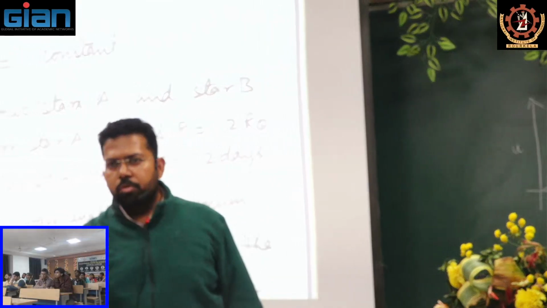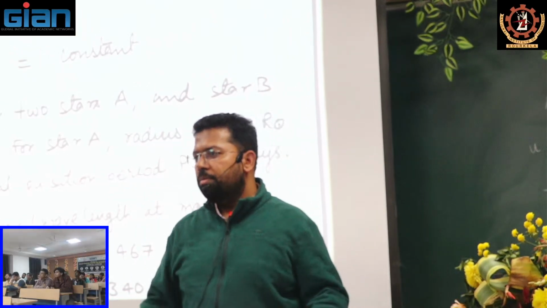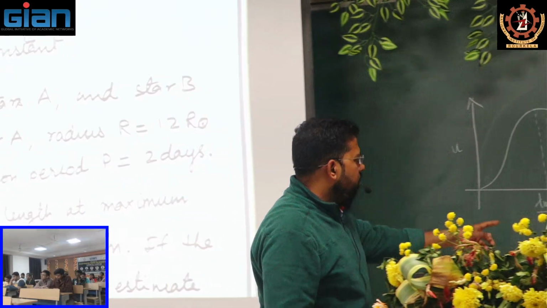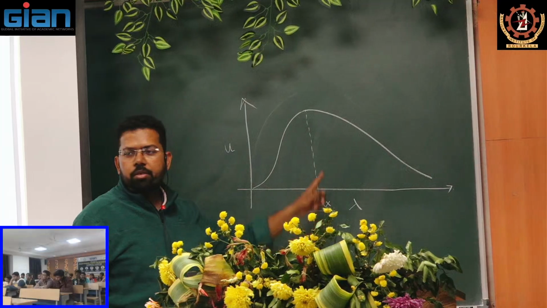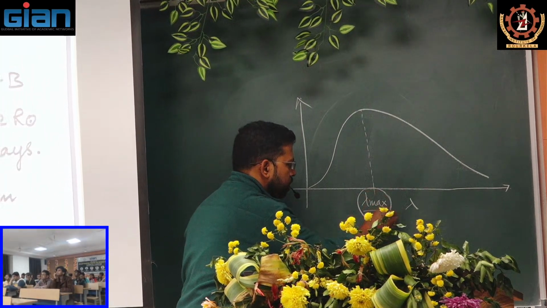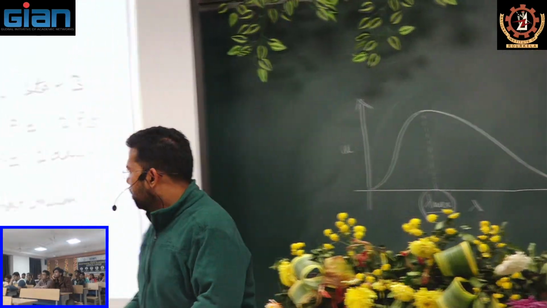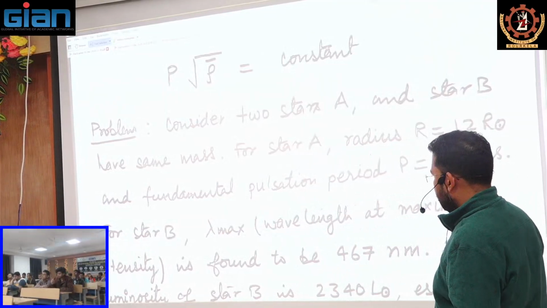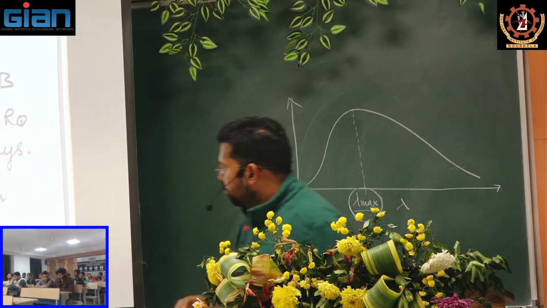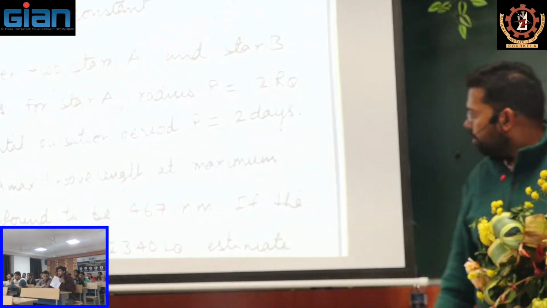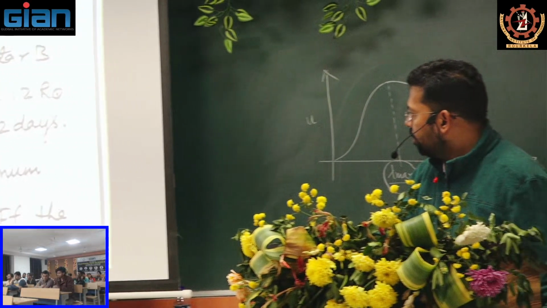The star emits radiation in all wavelengths, but at a particular wavelength, or in a range of wavelengths, it emits the maximum intensity. In this case, lambda max is given as 467 nanometer.